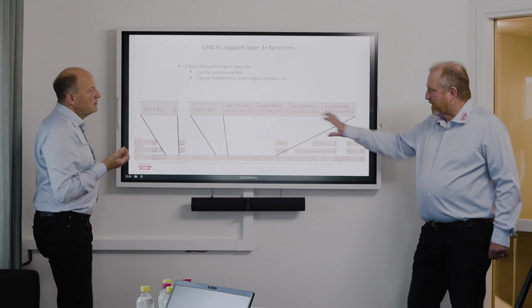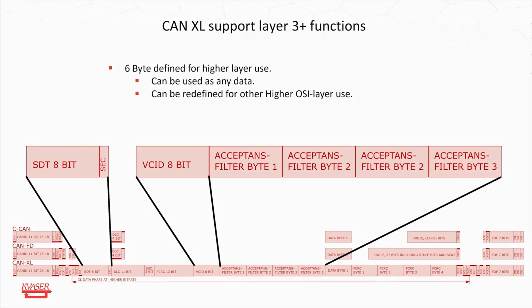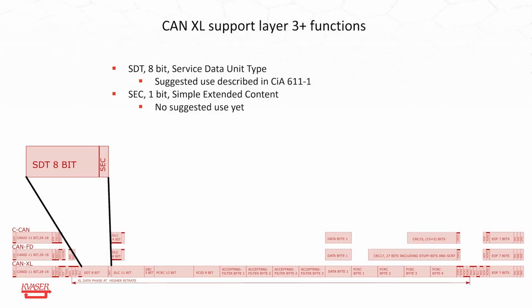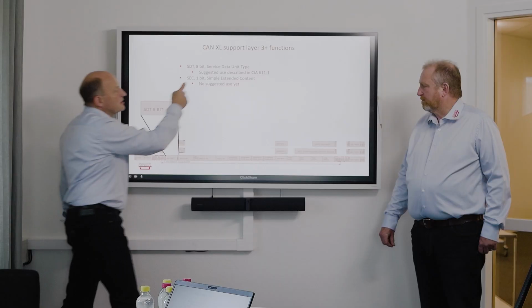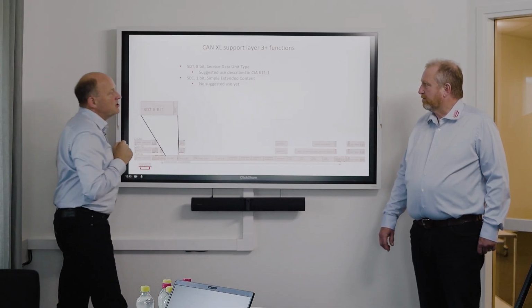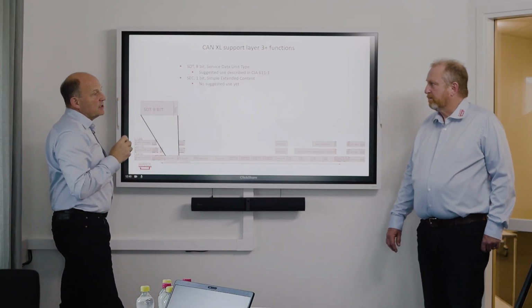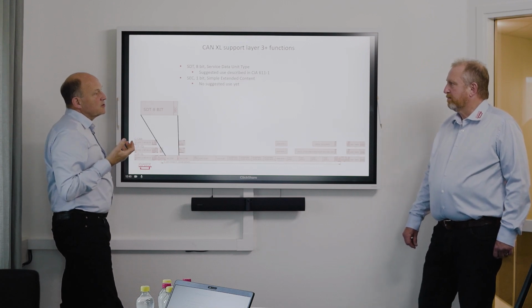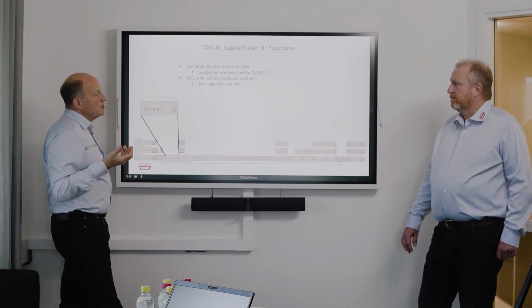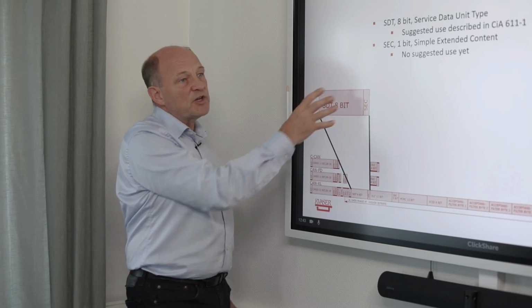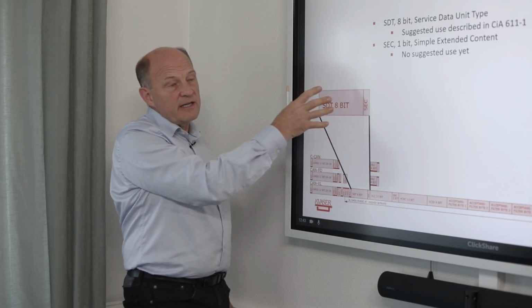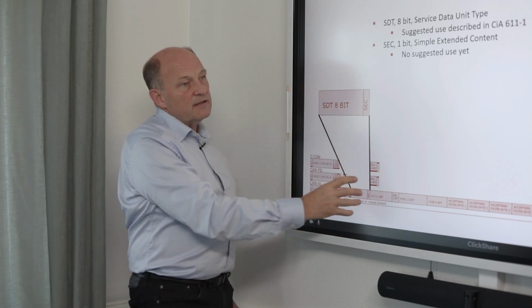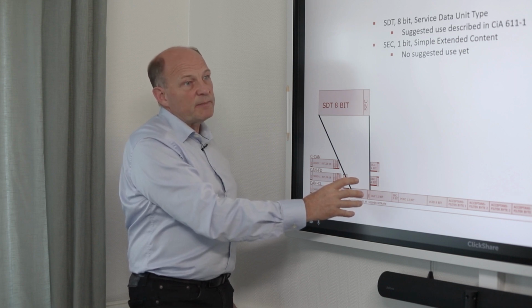And there are some standards for this? Yes, there are 3 parts. We have the service data unit type, which describes what you would expect in the rest of the frame. And there is a standard, CAN in Automation 611-1, which gives some description of how it's intended to be interpreted. But it's actually a switch here. The idea is like in Ethernet, where you also have a type descriptor.